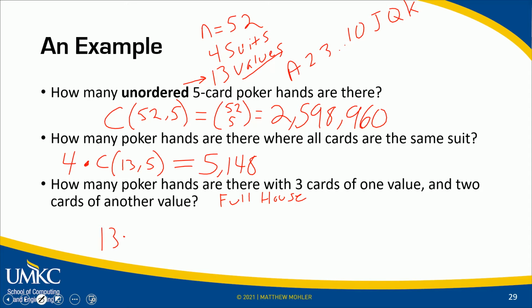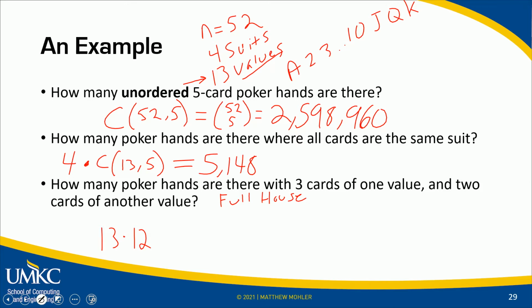Now, again, because this is a multi-phase operation based on the basic counting principle, we're going to multiply these values together. In the second phase, we're going to pick another value, the value for the 2 cards that will be in this hand. And in that case, we've already selected one value out of our 13 possible, so there are only 12 values remaining for the second value that we pick.